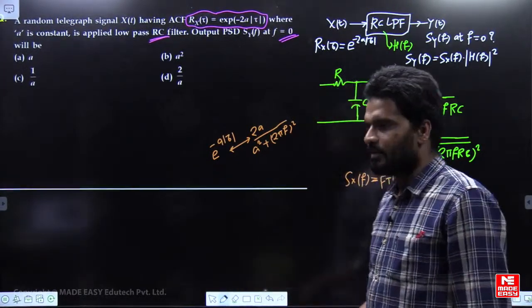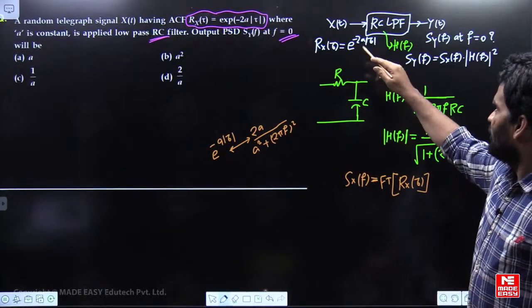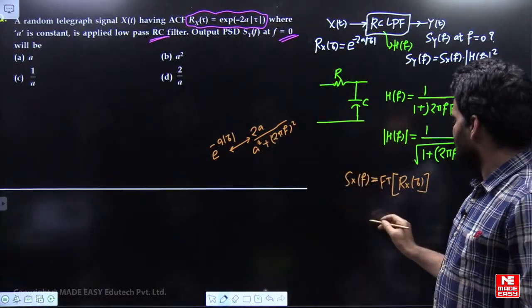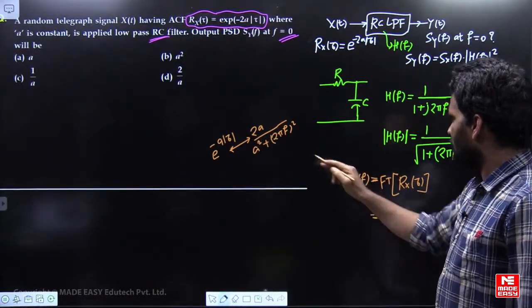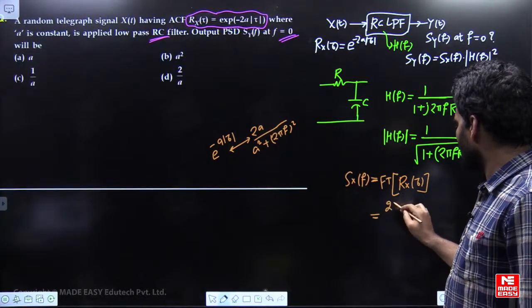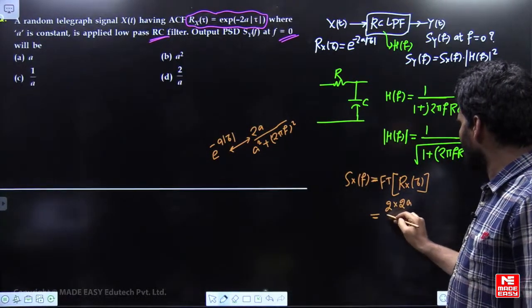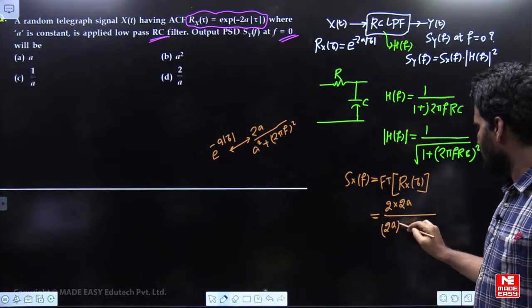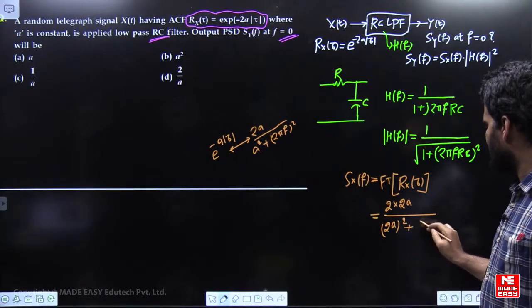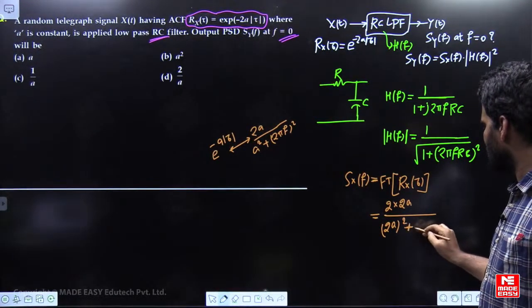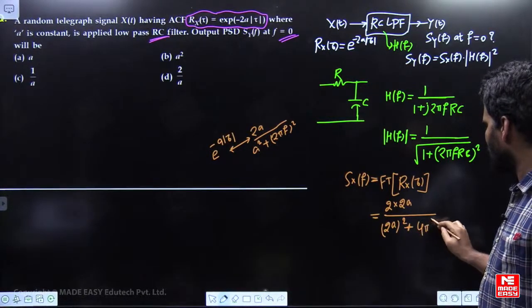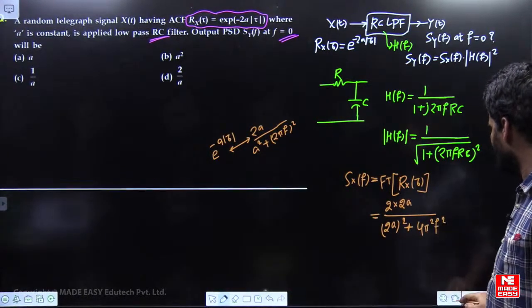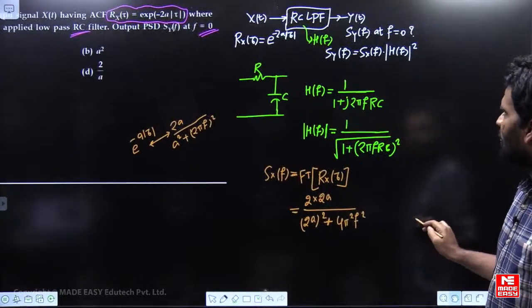Now here, in place of a, we have 2a. If you compare with this, in place of a, it is 2a. So this is 2 into 2a upon (2a) square plus 4 pi square f square. If you take 4 common, the numerator 4 and denominator 4 cancel, so it is a upon a square plus pi square f square.